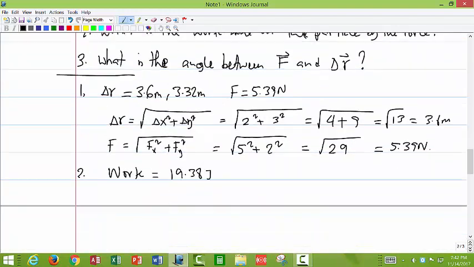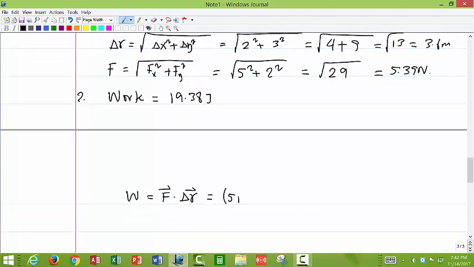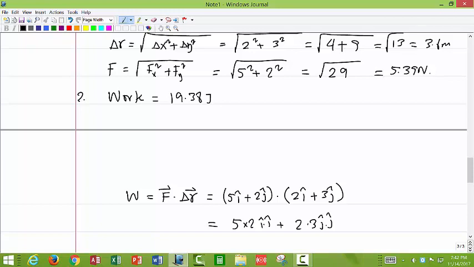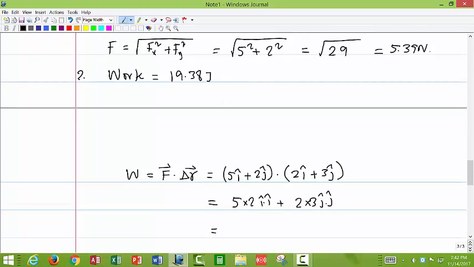F is 5i plus 2j, dotted with 2i plus 3j. So it's going to be 5 times 2 i hat plus 2 times 3 j hat, like that. And then the other ones are perpendicular, so they go away. So it's going to be 10 plus 6.